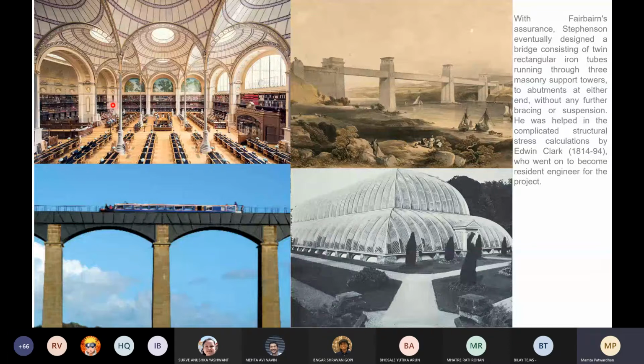Correct? So these are now cast iron columns. But the domes here are made in wrought iron. And the way that the domes are constructed makes use of plates. Can you see this? Each one is a wrought iron plate, and they have been put together to create this kind of dome.